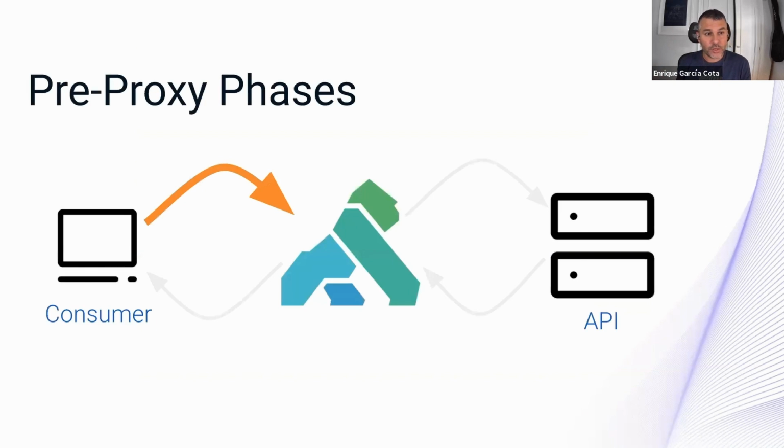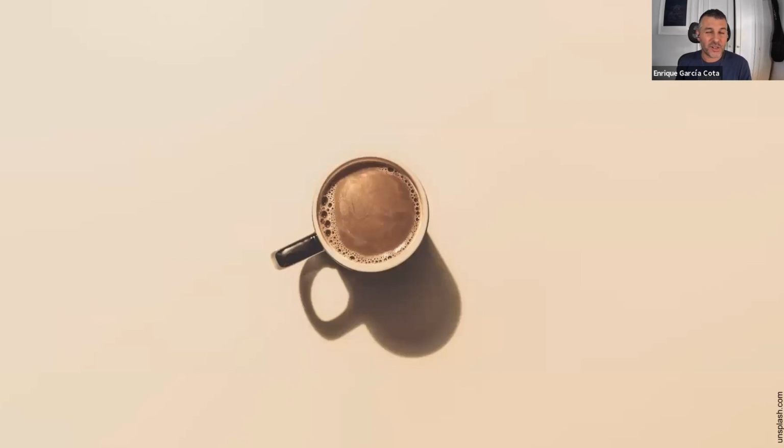Each connection can be thought of as a person, and the phases on which we treat a request, which are several, can be thought of more or less as the hours of a day of a person. So when the request arrives to Kong, there are several pre-proxy phases, which are similar more or less to things that people do in the morning before work, like having coffee, getting a shower, and so on.